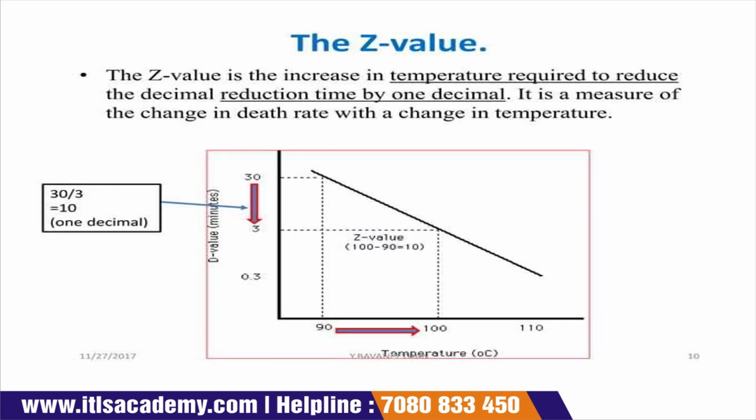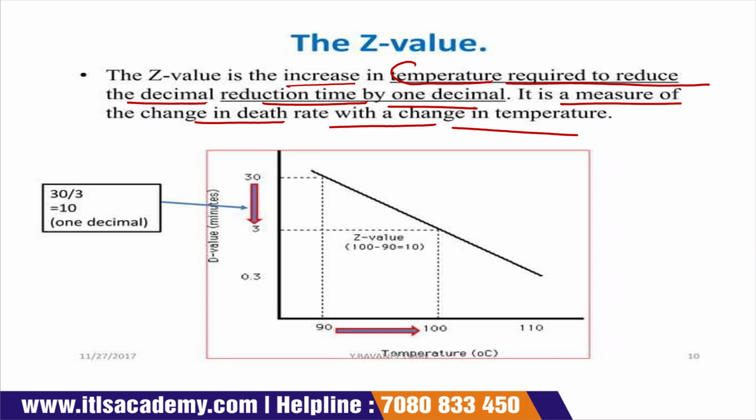Z value is the increase in temperature required to reduce the decimal reduction time by 1 decimal. It is a measurement of the change in death rate with the change in temperature.